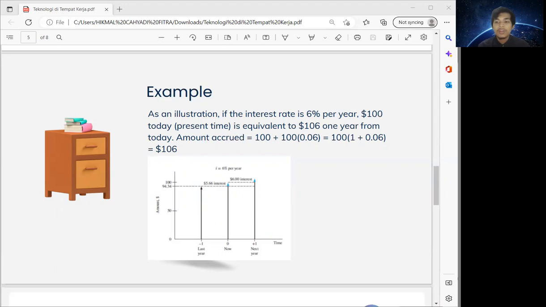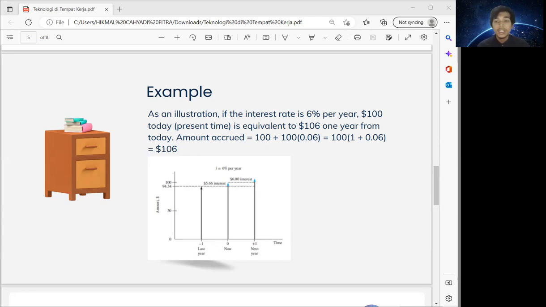In addition to future equivalence, we can apply the same logic to determine equivalence for the previous year. A total of $100 now is equivalent to 100 divided by 1.06, which is $94.34, 1 year ago at an interest rate of 6% per year.